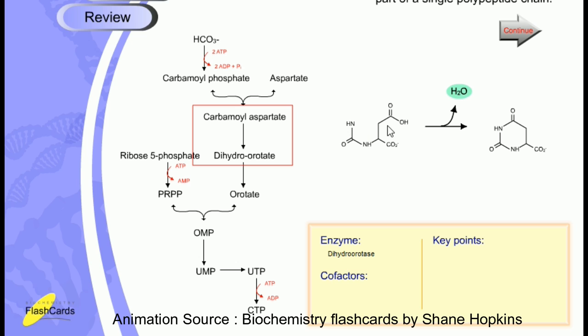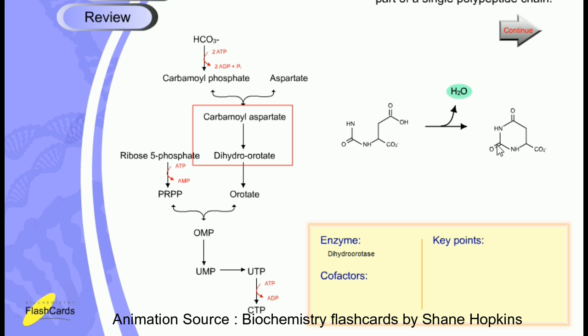This flipping makes the closed ring, and once they form the closed ring of carbamoyl aspartate, they generate what is known as dihydroorotate. Dihydroorotate is the same structure except for a water molecule released from the carbamoyl aspartate by converting into a closed circular form. The enzyme required for this process is dihydroorotase.